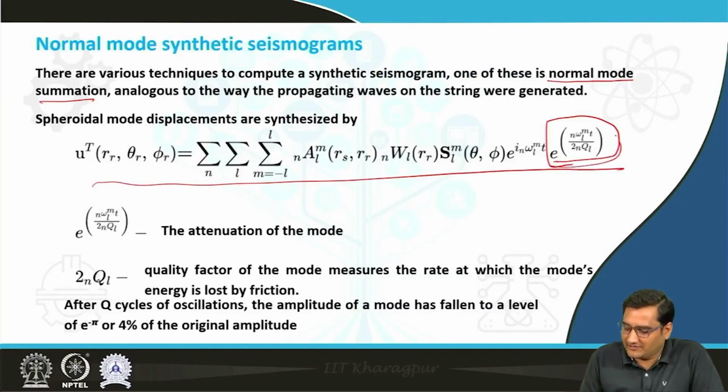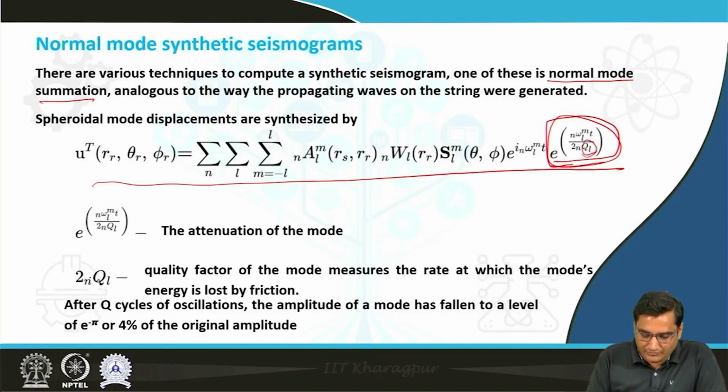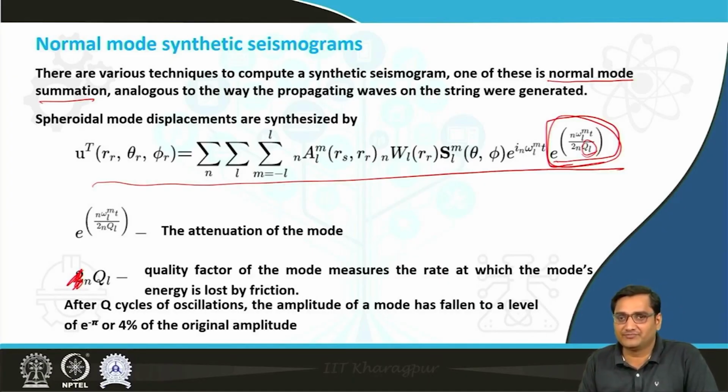This particular term Q is the quality factor of the mode, which measures the rate at which the mode's energy is lost by friction.